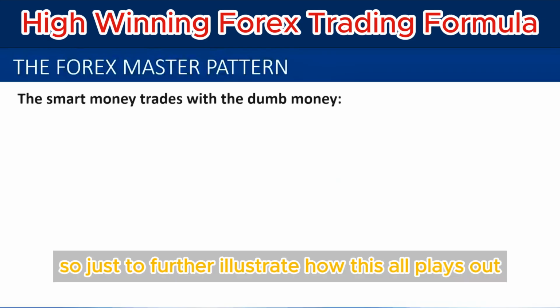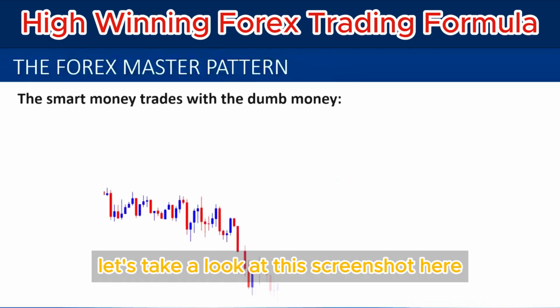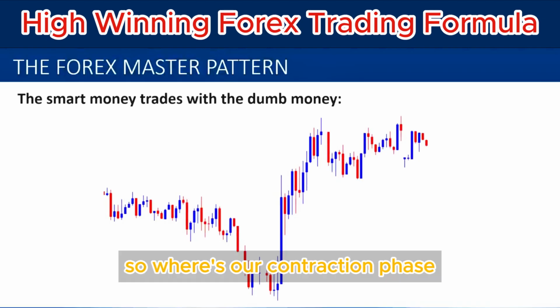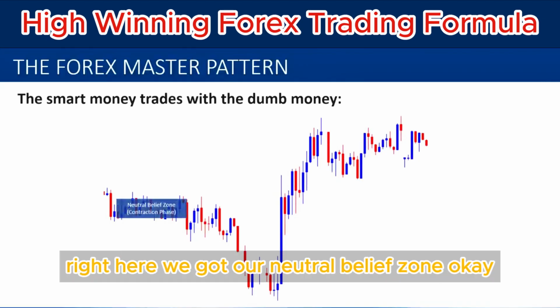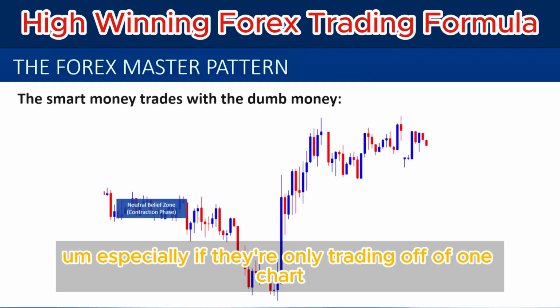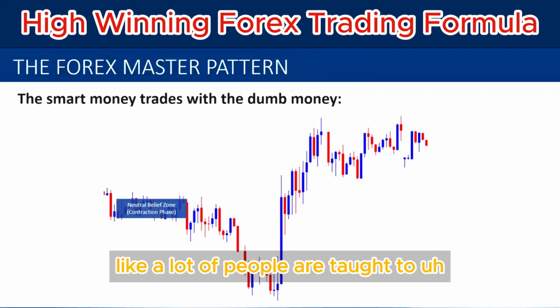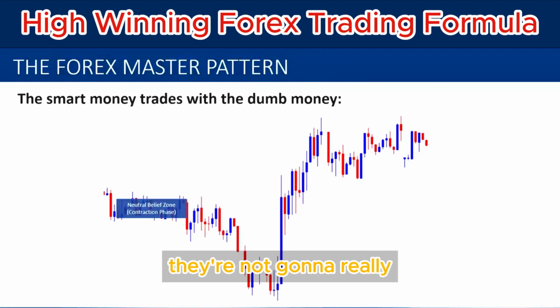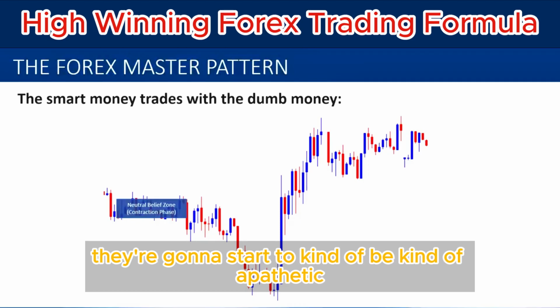So just to further illustrate how this all plays out, let's take a look at this screenshot here. So where's our contraction phase? Right here. We've got our neutral belief zone, okay? Retail traders are going to see this, especially if they're only trading off of one chart, like a lot of people are taught to. They're going to start to be kind of apathetic.